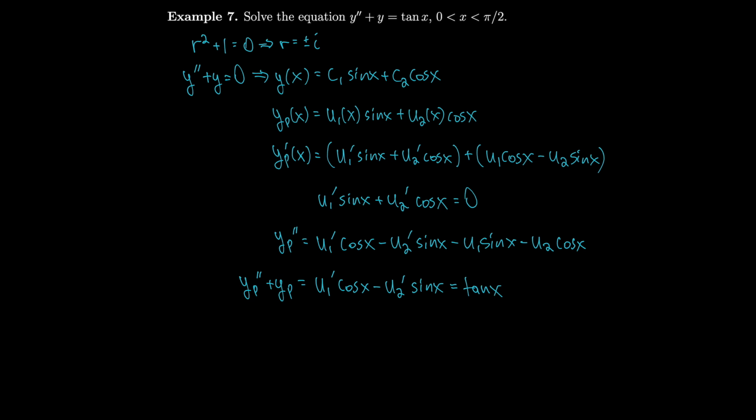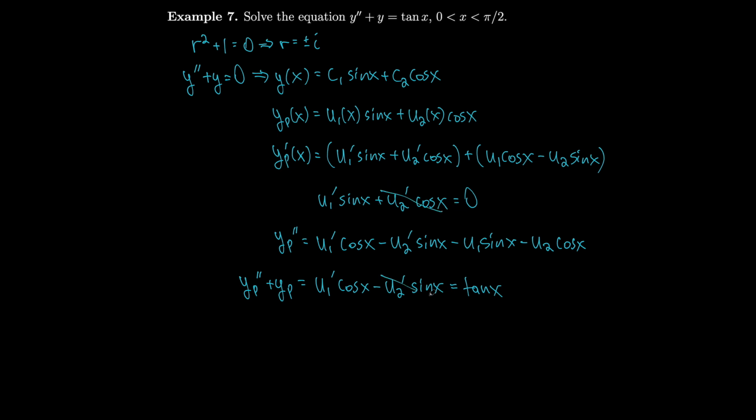So to figure out what u1 and u2 are, how about we take this equation over here and multiply it by cosine, and this equation over here and multiply it by sine. And that way we'll have this thing will be minus u2 prime sine cosine. This will be plus u2 prime cosine sine.